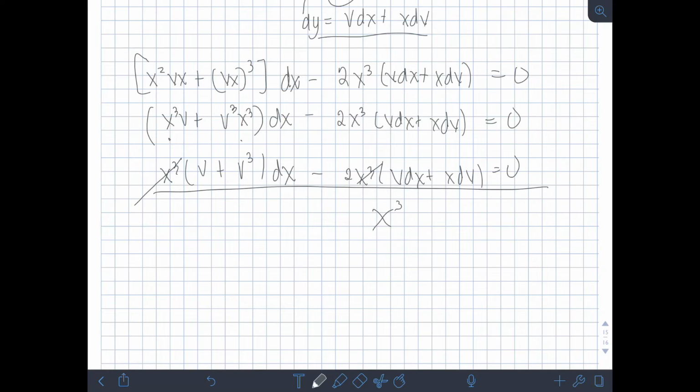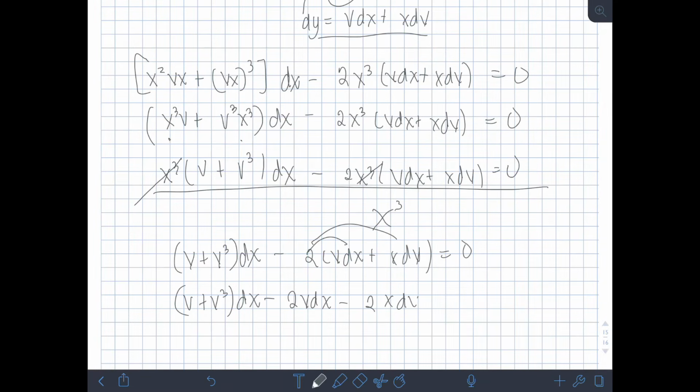Okay, so therefore, meron na lang tayong v plus v cubed dx minus 2 times v dx plus x dv equals 0.